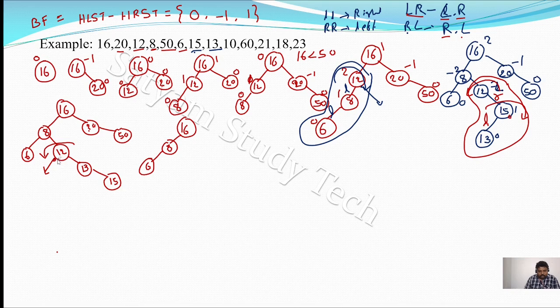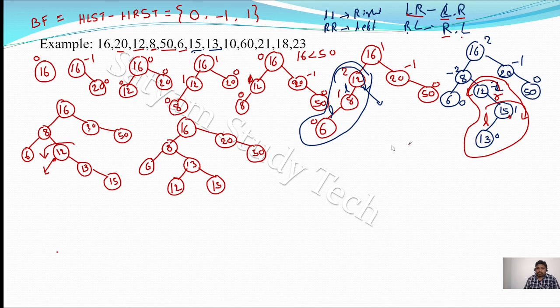Then when you pull down in the left direction, here is 13, the left of 13 is 12, and the right of 13 is 15. Okay, the right side is as it is, here it is 20, here it is 50.